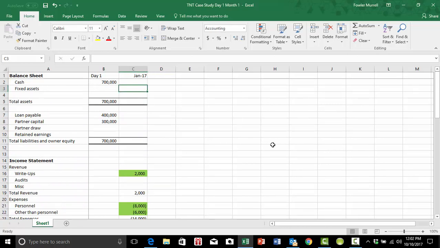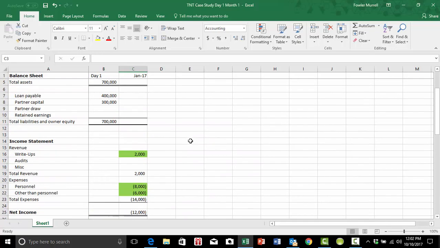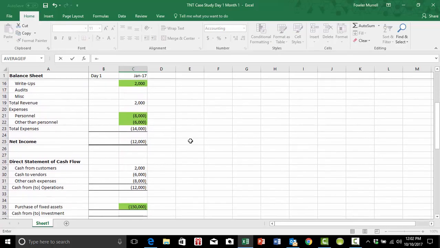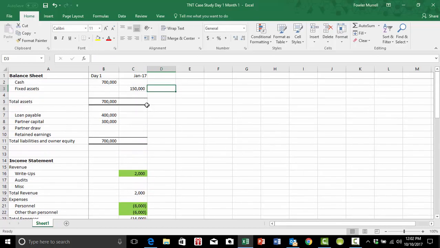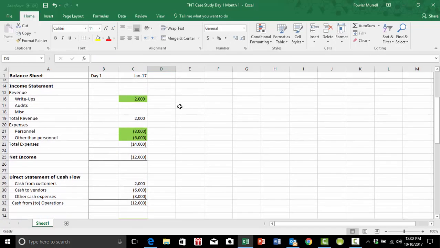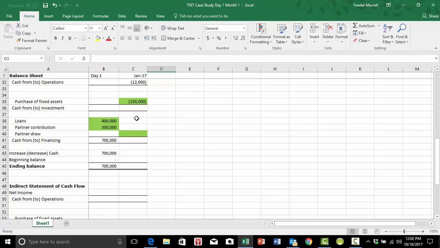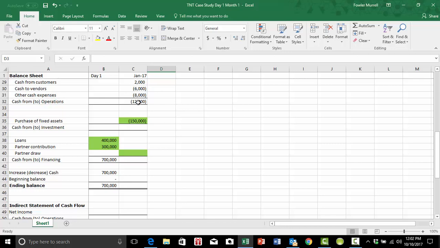So we have to link that to the fixed assets that we just got. And we want to make sure that's positive, not a negative number. That's the debit. And then that's the cash from investments. So we have the cash from operations, do the cash from investments, which is equal to this sum.